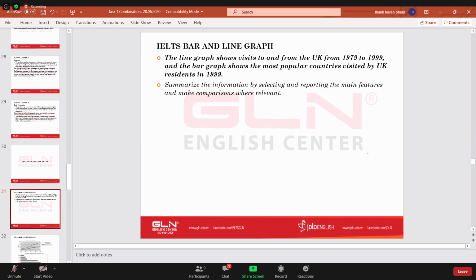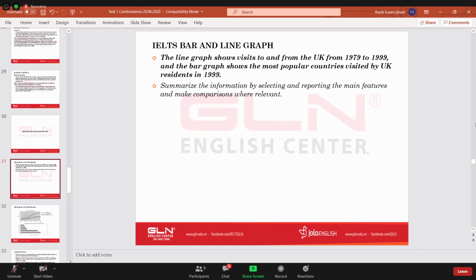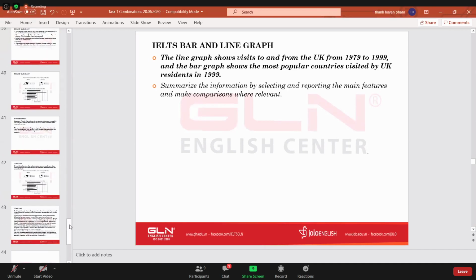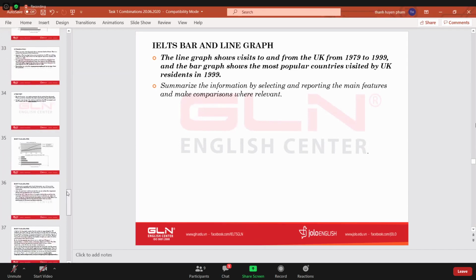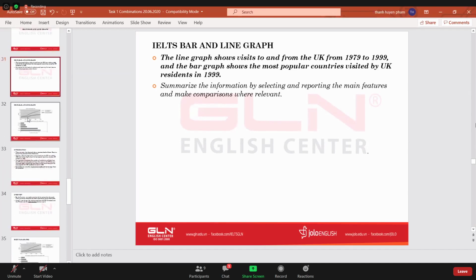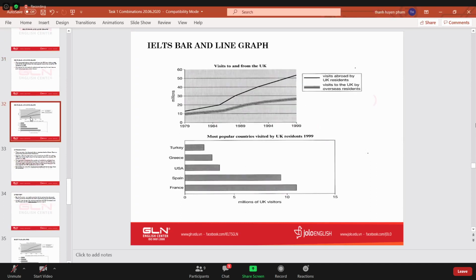So let's have a look at the diagram. So at the top we have a line graph, and underneath it a bar graph. So straight away you can see that on the line graph, all the lines are travelling upwards.